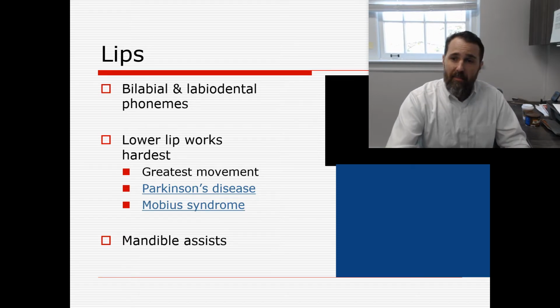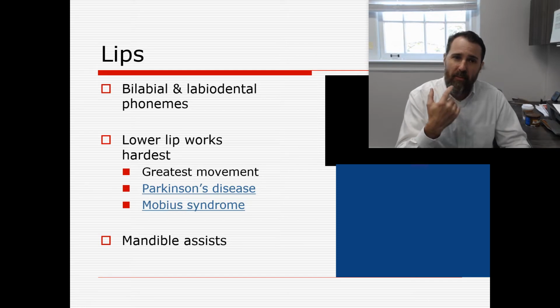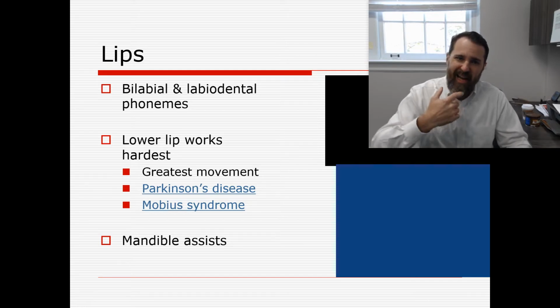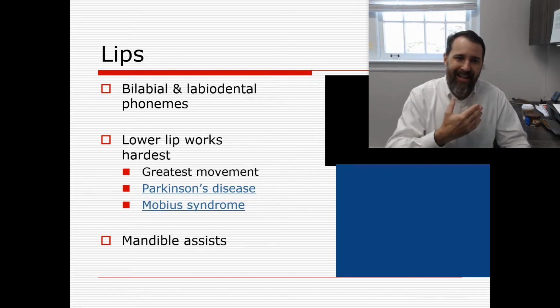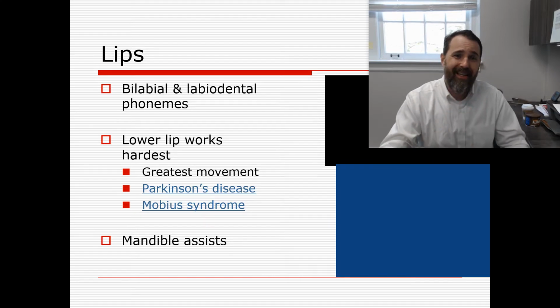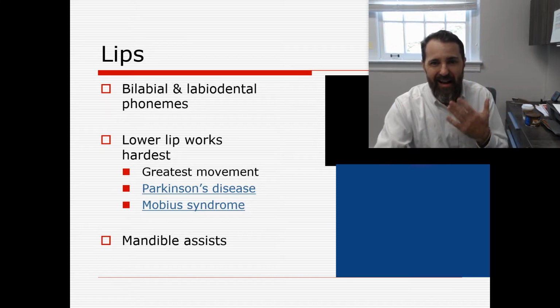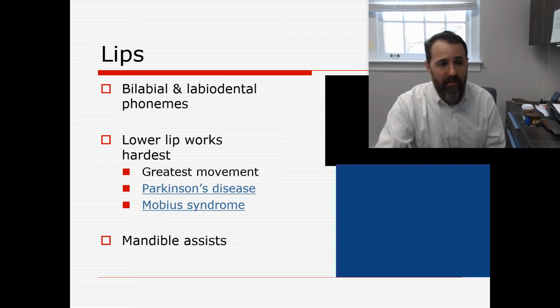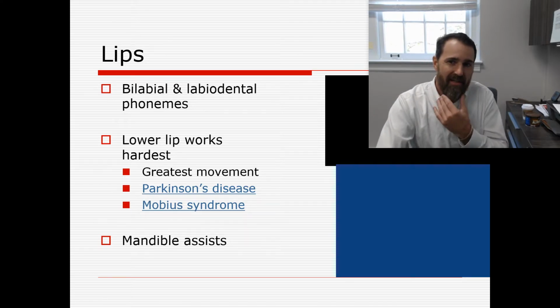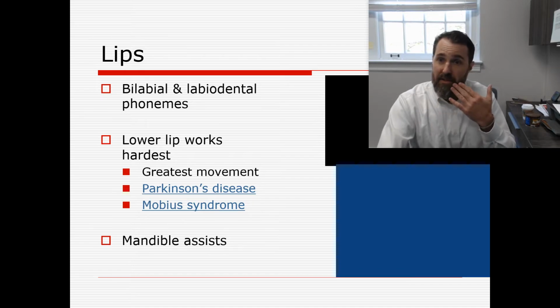One thing I want you to think about and pay attention to when you're watching people speak is that, for the most part, the lower lip has the greatest range of motion and is doing most of the work in articulating at the level of the lips. And in part, this is because the lower lip is attached to the mandible.